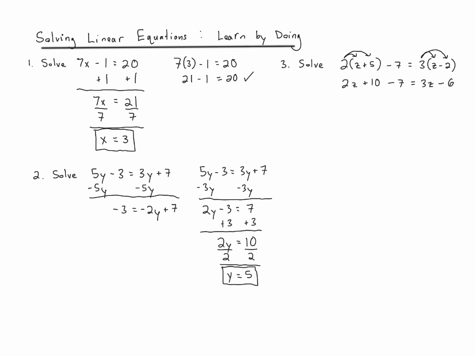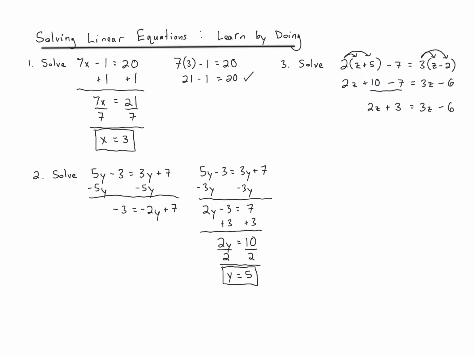Now at this point, what can we do next to simplify things? We notice on the left-hand side that we have like terms, so we can combine these like terms to make the equation simpler. That gives us 2z plus 3, because 10 minus 7 is 3, equals 3z minus 6.